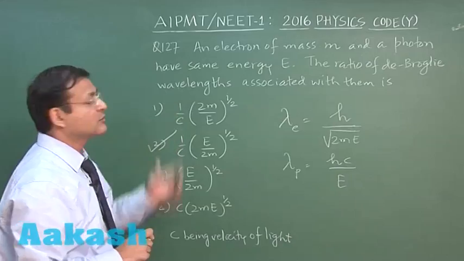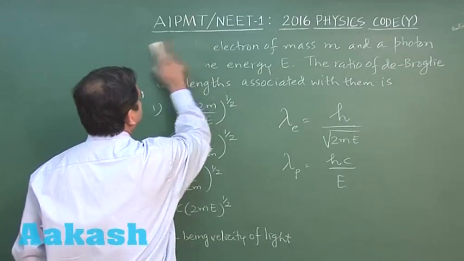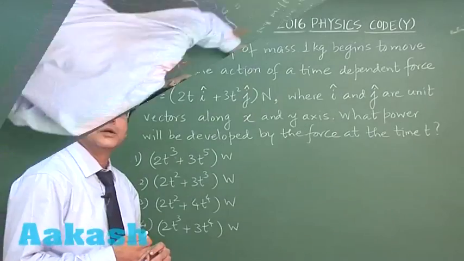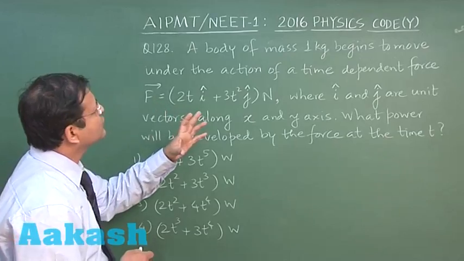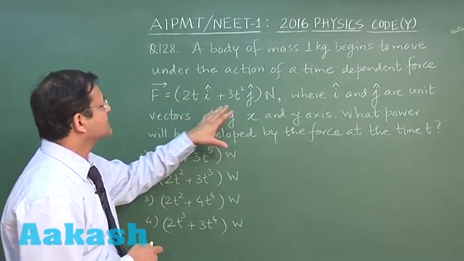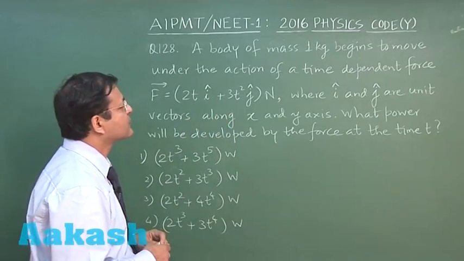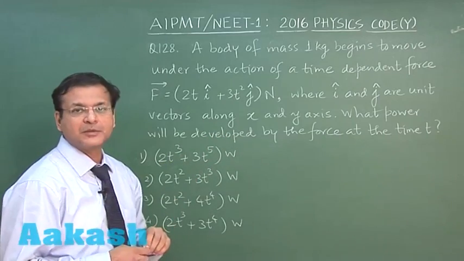Now switch over to question 128. Now in this question 128, it says that a body of mass 1 kg begins to move under the action of a time dependent force. Force is given as a function of time. And they are asking to calculate the power developed. Power is what?